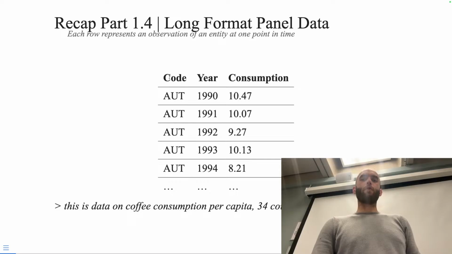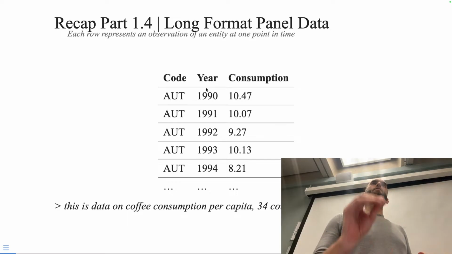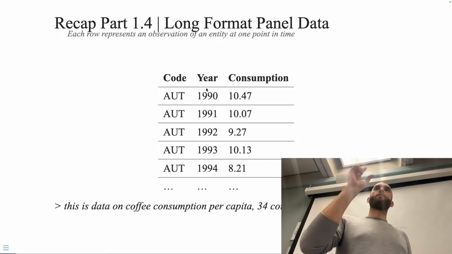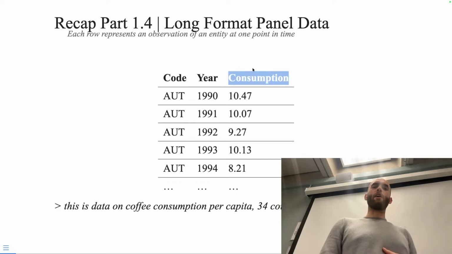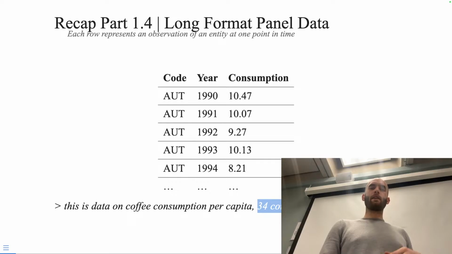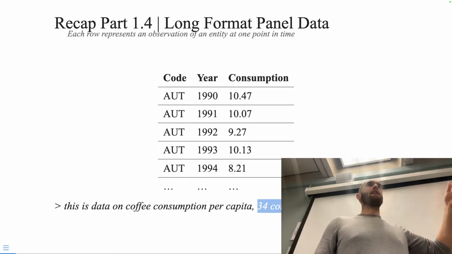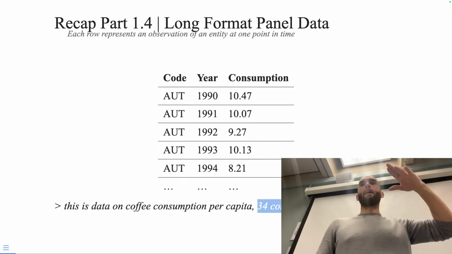So I have this column representing country codes for many countries, and then a separate column representing the year for each one of those rows. So we have our I index, our T index, and then the meaningful variable, which is coffee consumption per capita. I have this for 34 countries between 1990 and 2019.